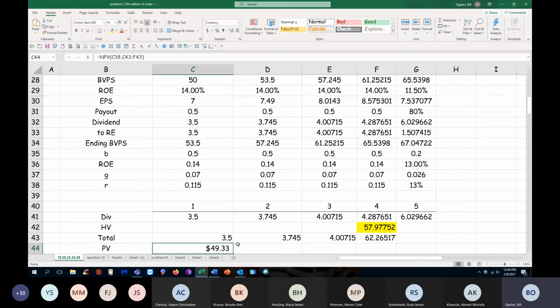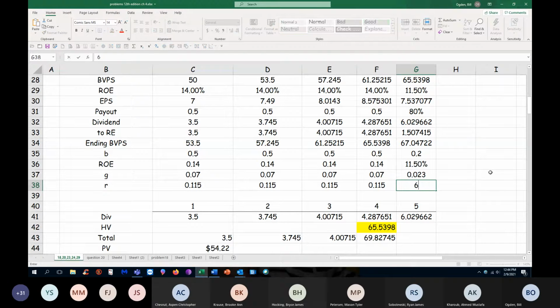So now you have ROE less than R, and that's when you start to destroy value. Okay, so on the other hand, what if R is only 6%? Now watch what happens. What's going to happen to that 54.22? It's going to jump way up, isn't it? There you go.